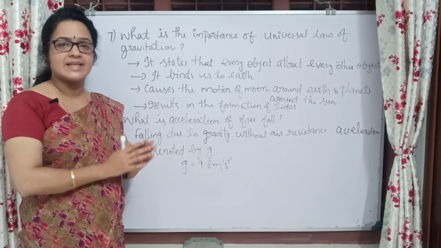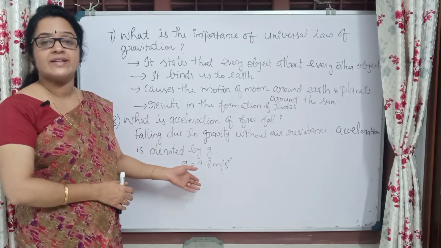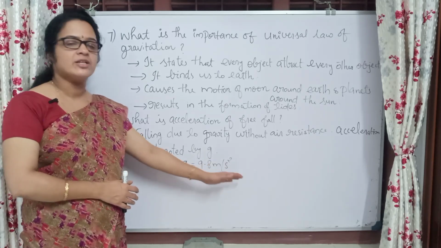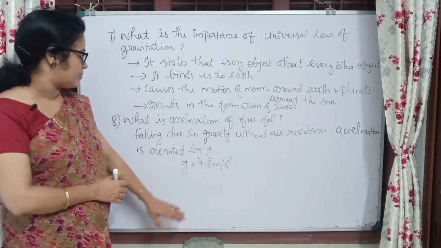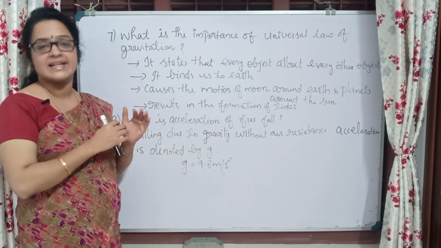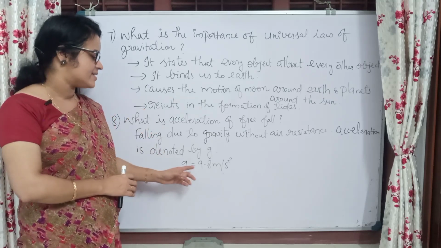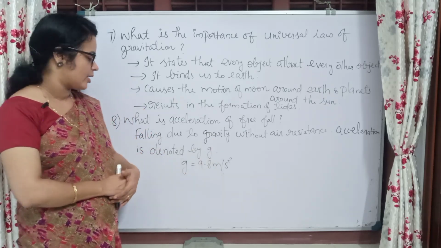So we will call it acceleration due to gravity. That is represented as small letter g. g is equal to 9.8 meter per second square. This is a very important point about free fall. So in the case of free fall, only acceleration due to gravity will be there, and that value will be g equal to 9.8 meter per second square.